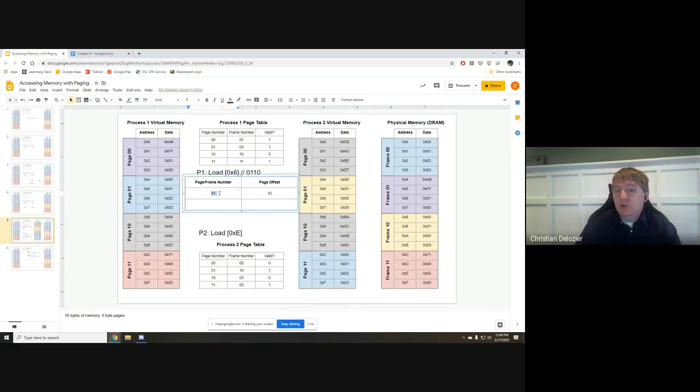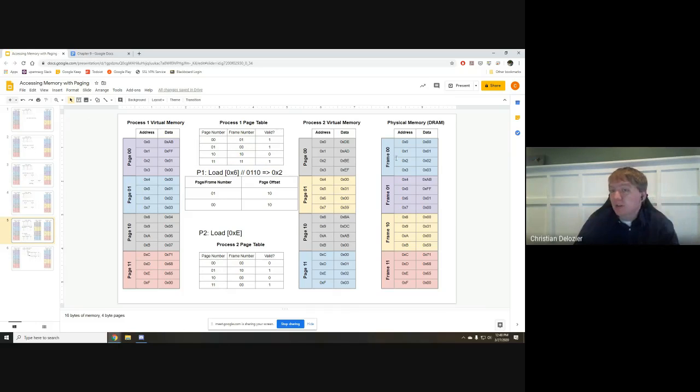Now we take this 01 and look it up in process 1's page table, since this is process 1 doing it, and see that it maps to frame 00. We substitute that 00, and that gives us the address that we're going to access in real memory, which is 0x2, because that's what 0010 translates to from binary to hex.